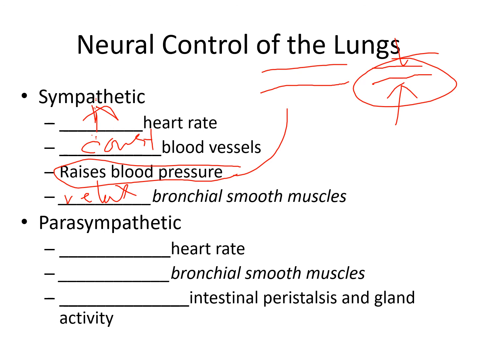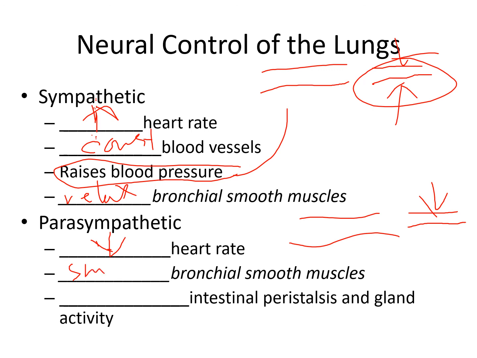Okay, what about the parasympathetic? Well, that's going to decrease my heart rate. Remember, it's like a parachute. It slows things down. So it'll decrease my heart rate. My bronchial smooth muscle, instead of being at this nice, huge dilated state when I'm in my fight or flight, it's going to go to more of a baseline state, which is smaller. So we'll call it baseline. So the bronchial smooth muscles, we won't say constrict, we'll just say it's just a smaller lumen.